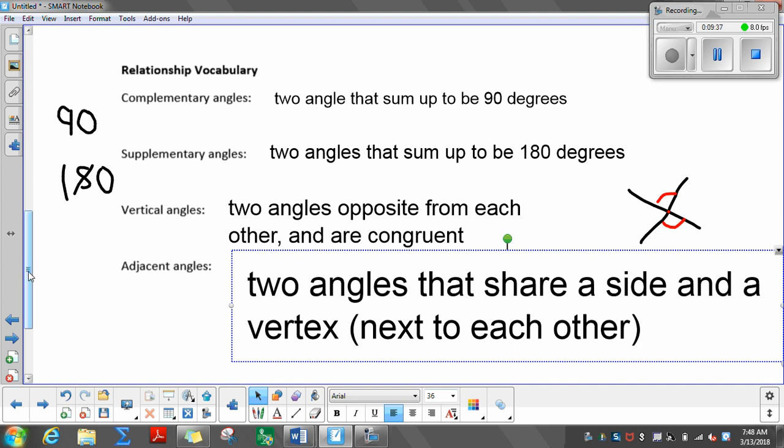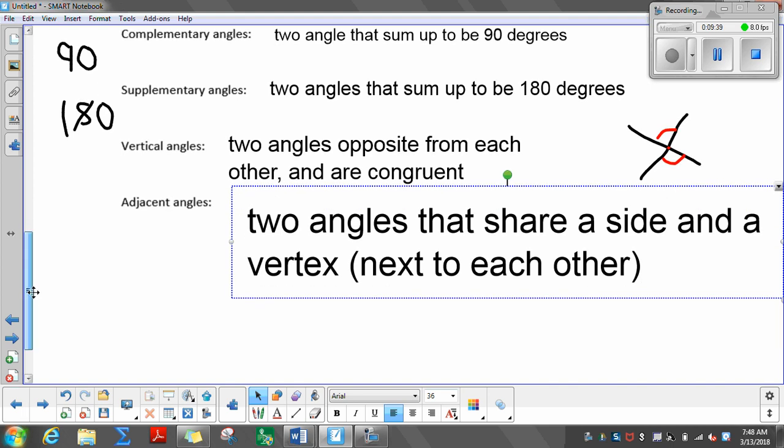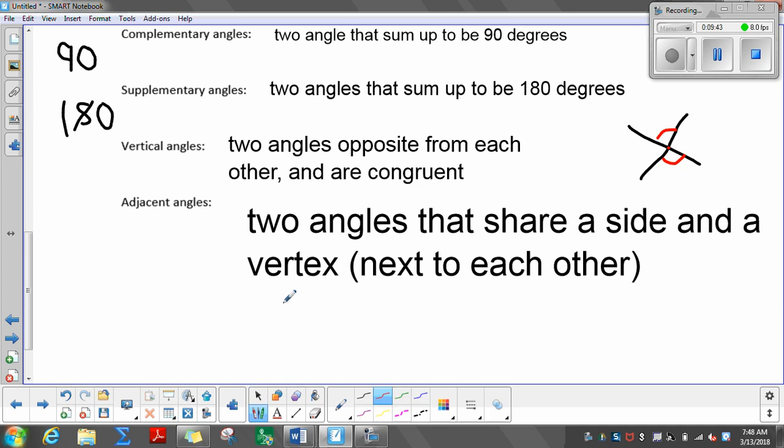So, for example, here's two vertical ones. That's just intersecting lines. Adjacent angles would be this one and this one. They share this side and this vertex here. So these two are adjacent to each other. Okay?